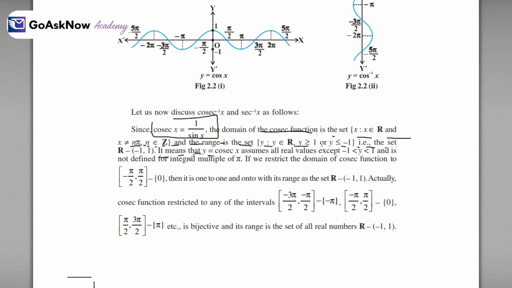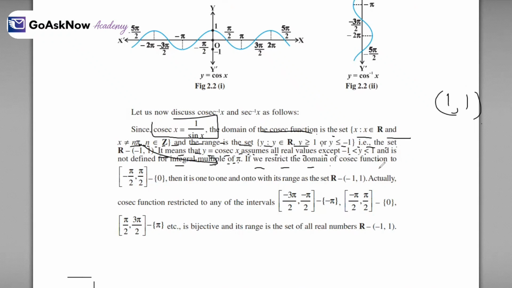It means that y equals cosec x assumes all real values except -1 to 1. The interval -1 to 1 is excluded from its range, and it is not defined for integral multiples of pi.